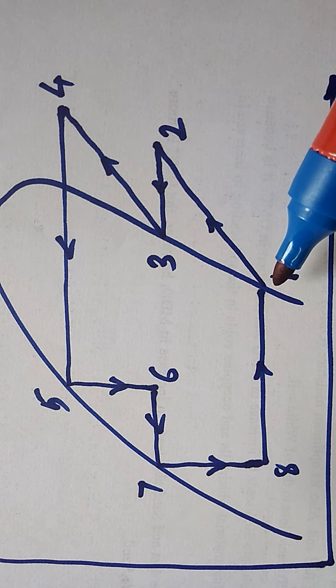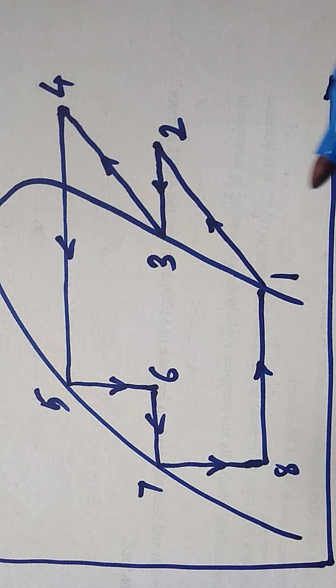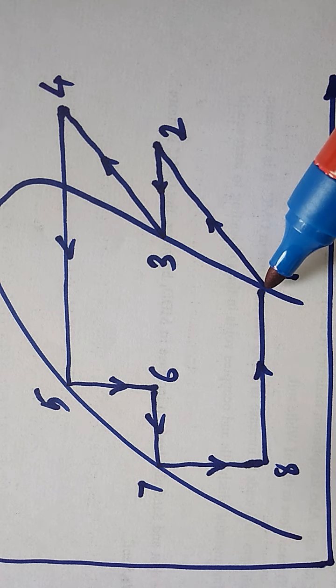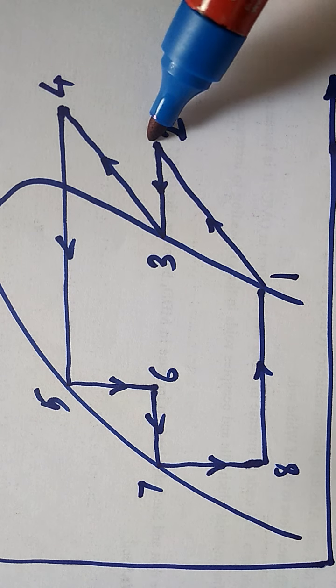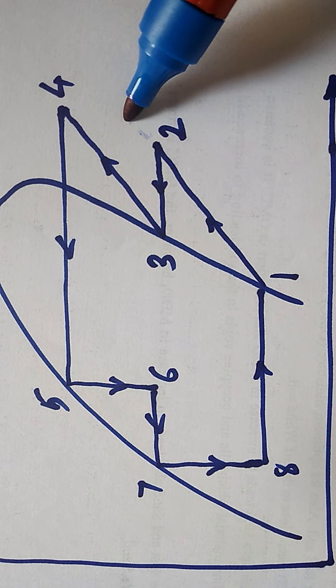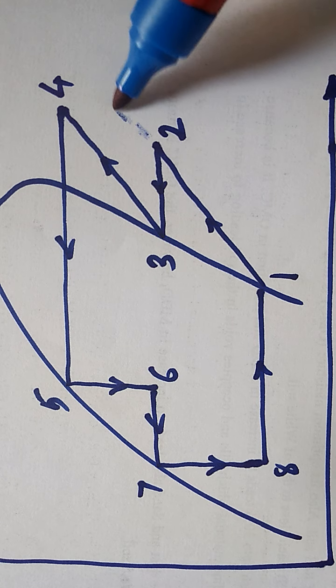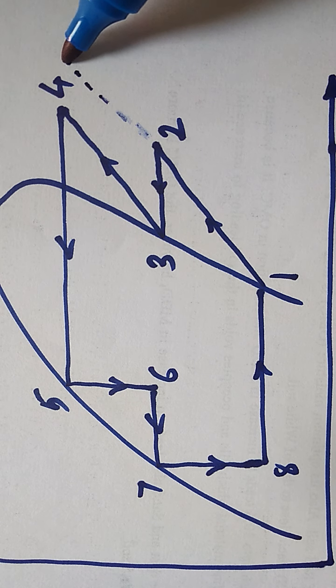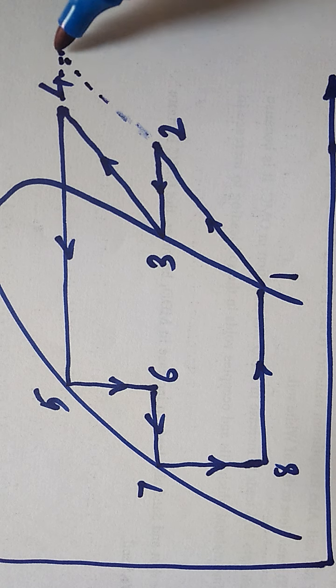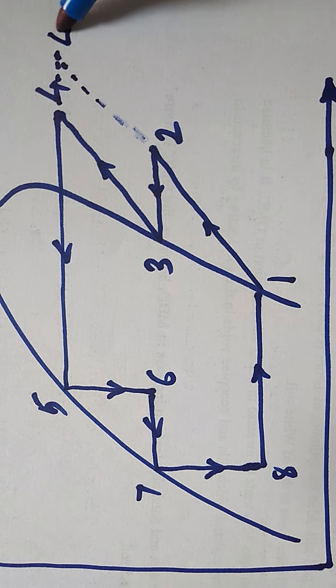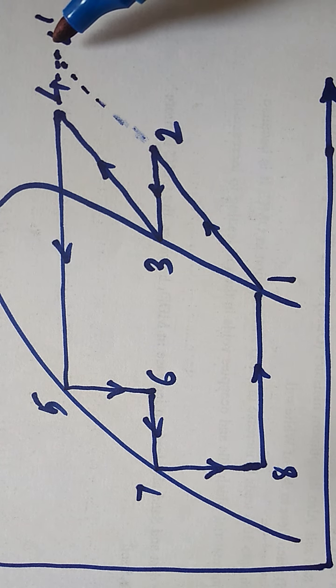If I compress it in a single stage, then the compression process will follow this path. And then at state 4 dash, the compressed refrigerant will come out.